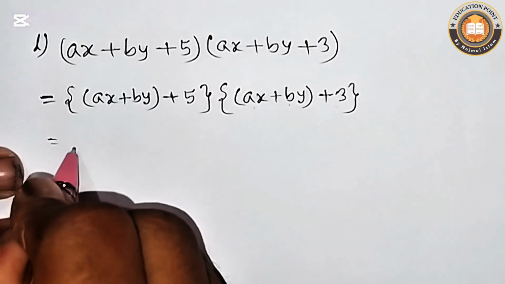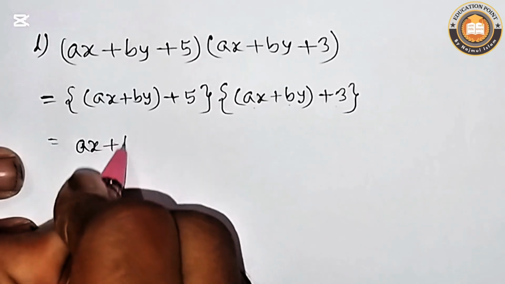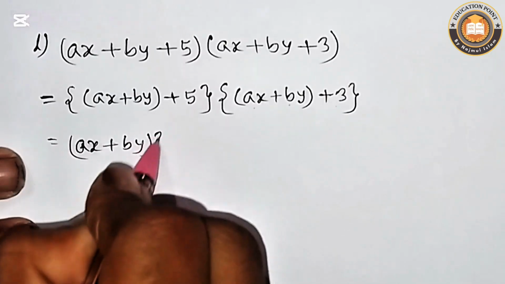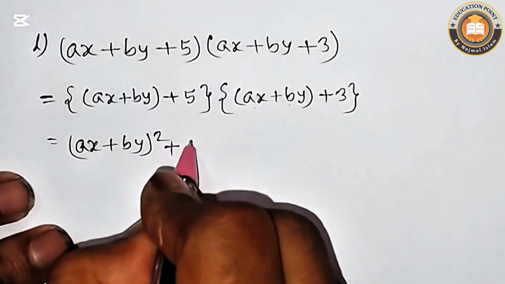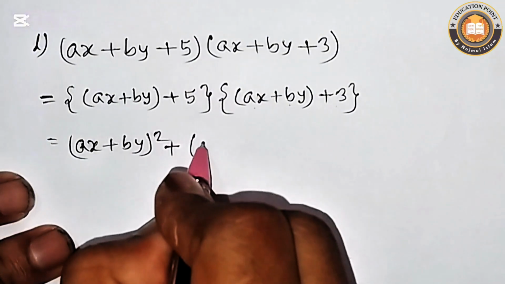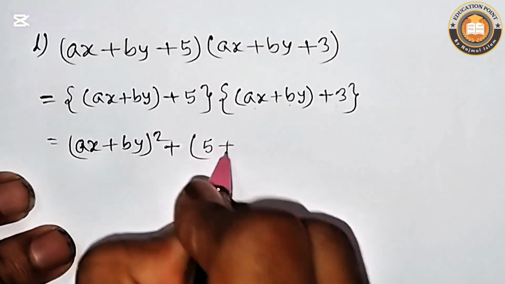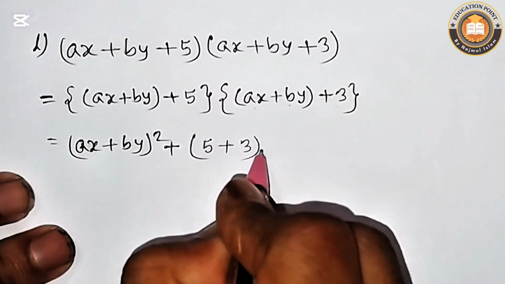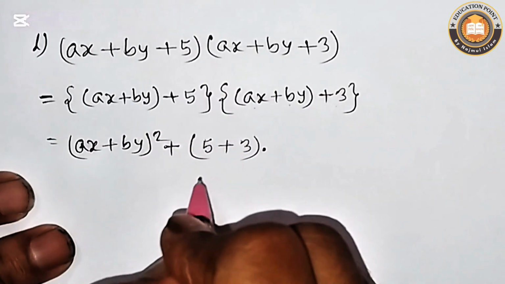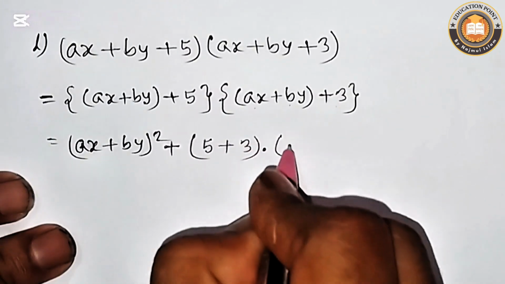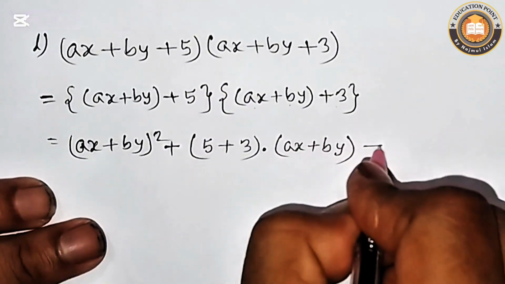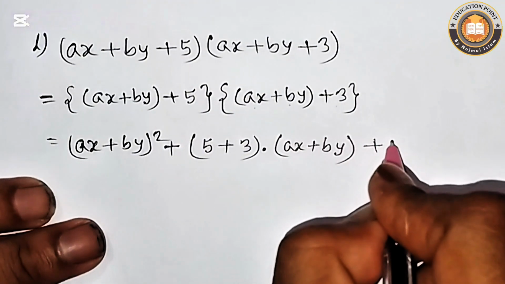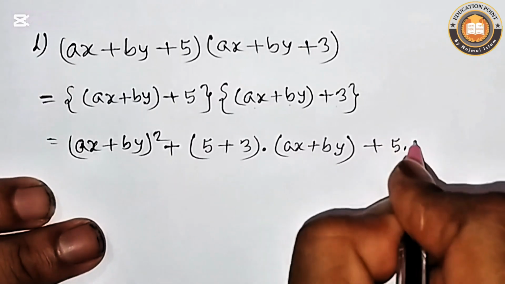Here x square means (ax plus by) whole square, plus (a plus b), a means 5 plus b means 3, into x means (ax plus by), plus ab, a means 5 into b means 3.